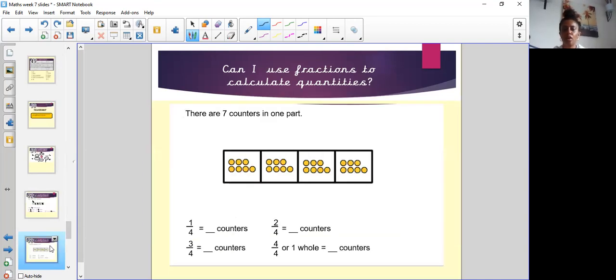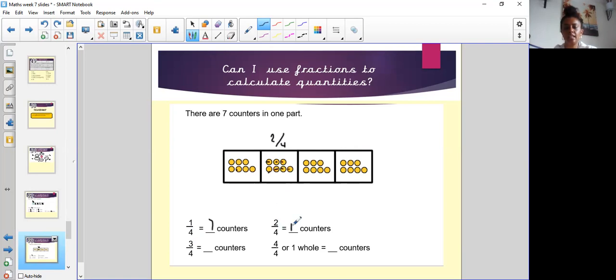Okay, so here we've got 7 counters in one part. So let's work these out together. So we've got 1/4 here. It's over 4, so it's split into 4 segments. So 1/4 is 1, 2, 3, 4, 5, 6, 7. So it's 7 counters. What about 2/4? So 2 over 4. So we've got 7 here, 8, 9, 10, 11, 12, 13, 14.